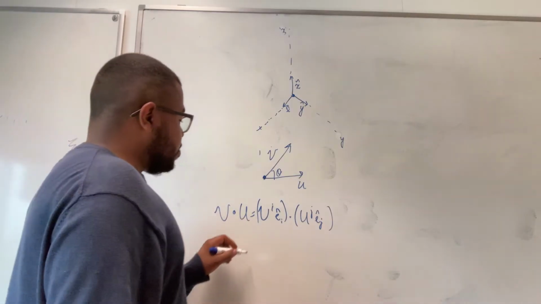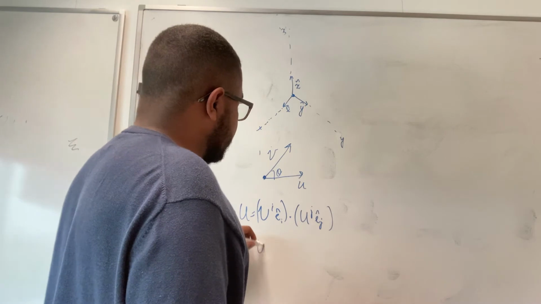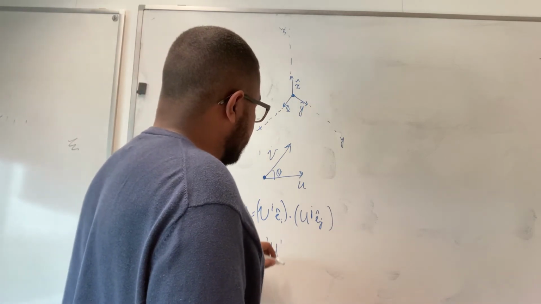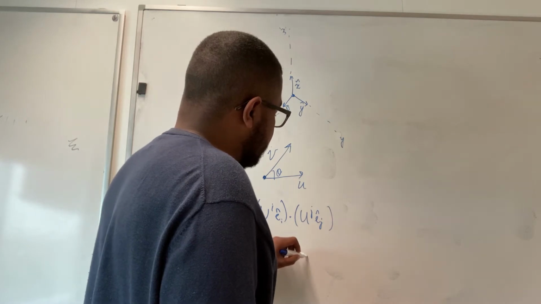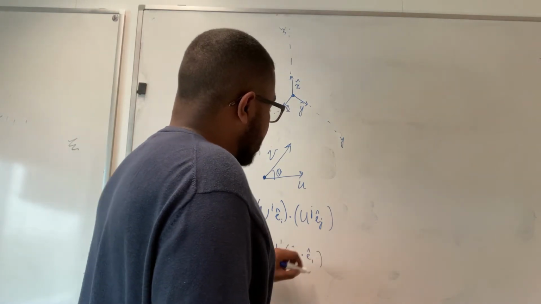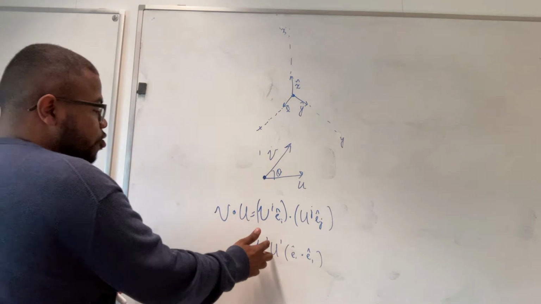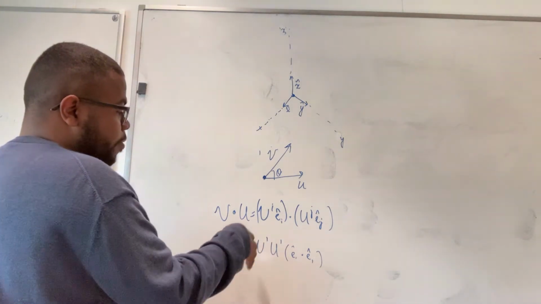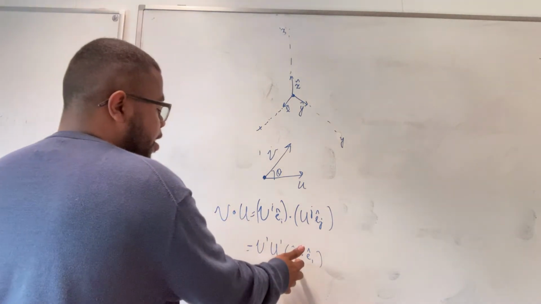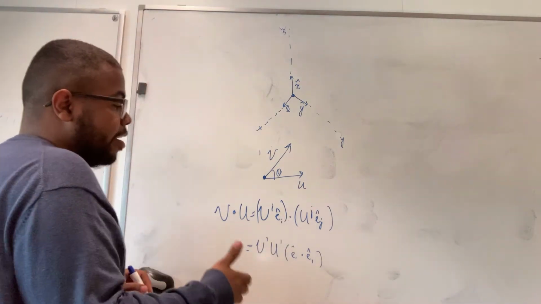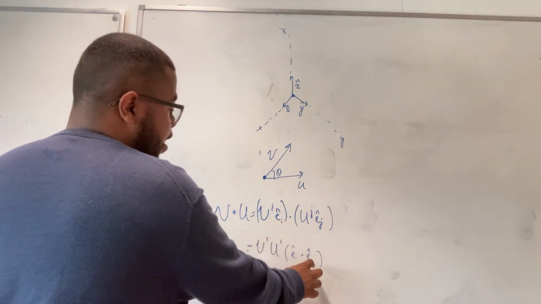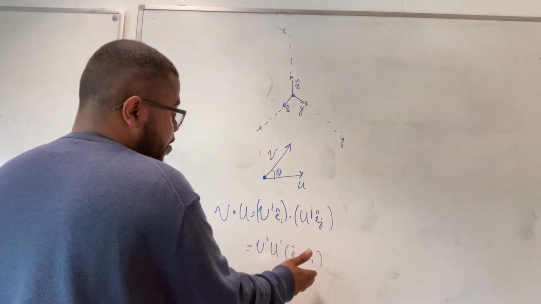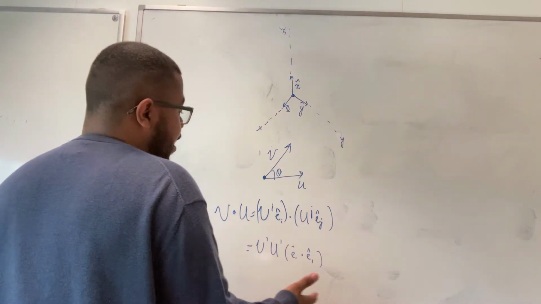So if you notice something, every one of the terms, I'm going to write at least one of them right here: V1 U1 E1 hat dot E1 hat. Every one of the terms had their corresponding indices right here. So for example, V1 for Vx and E1 hat for x hat, and the same here for Ux and its corresponding basis vector, which is also x hat.